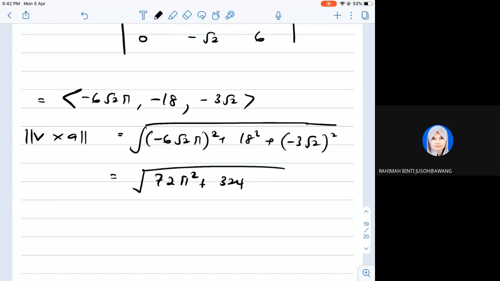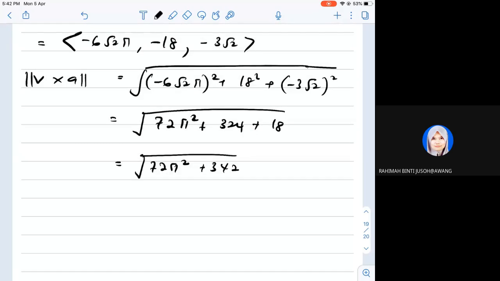Cuba cek double check. Kalau salah boleh tahu lah. Tambah 9 kali 2, 18 lah. So you will have 72 pi squared and then 324 kalau tambah 18, 342.